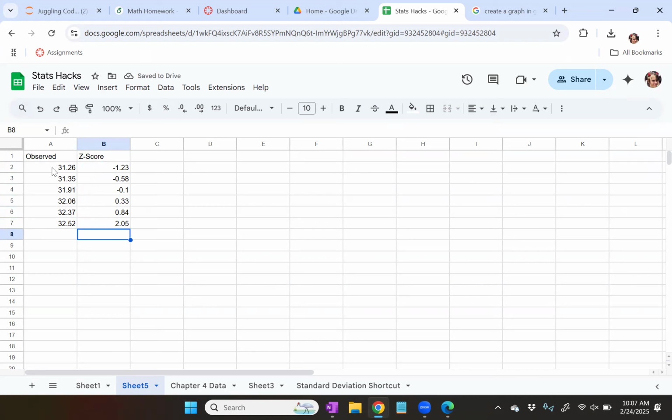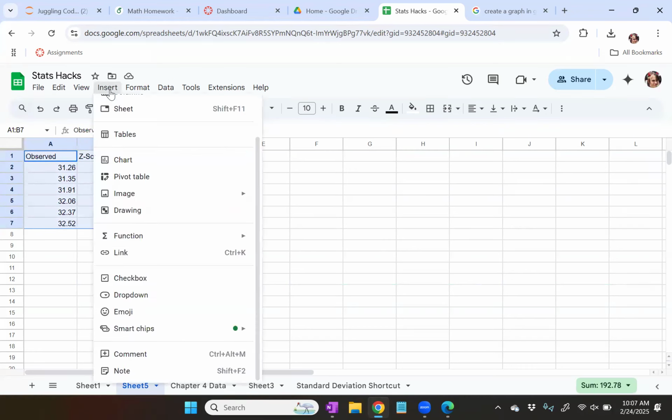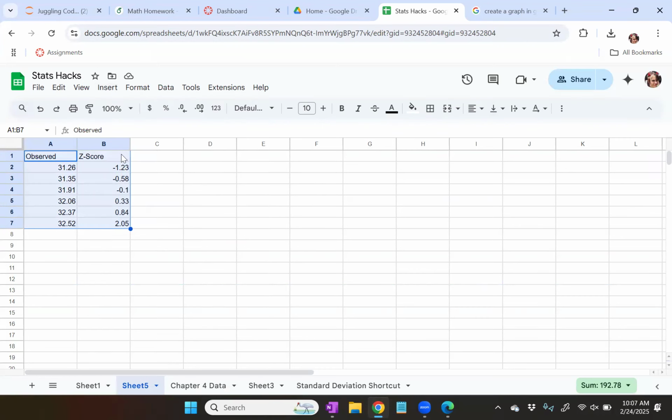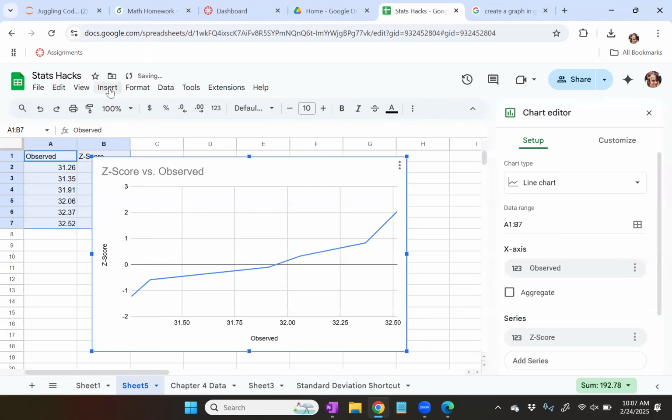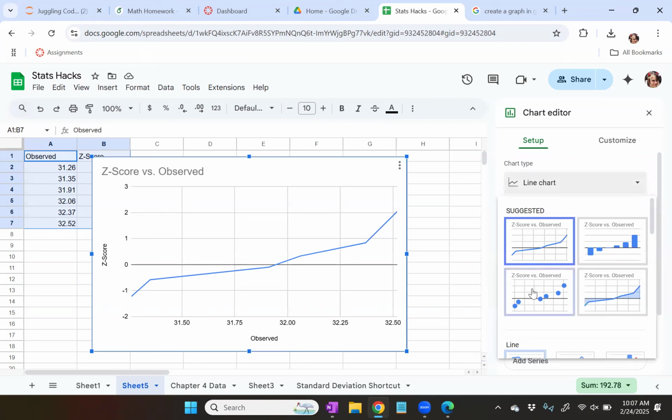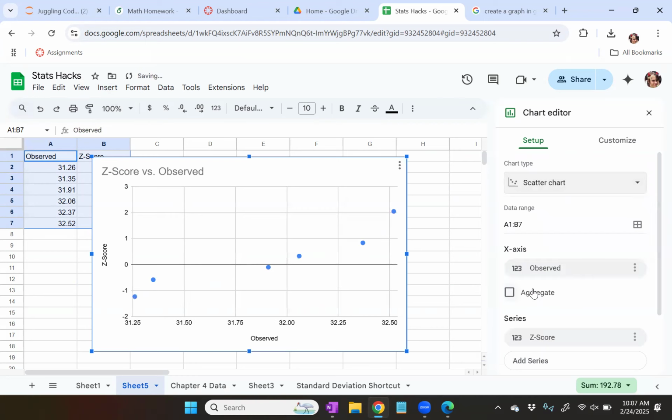All right, so I have my Z-scores, I have my observed data. Let's see if I can make this graph happen. Insert chart. Maybe. Oh, look at that. I don't want a line chart. I want a dot chart.